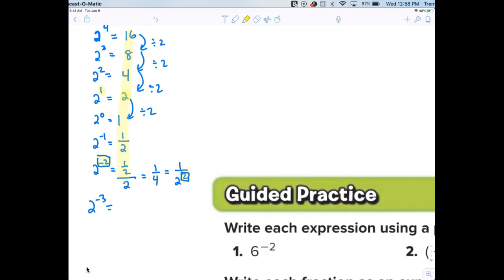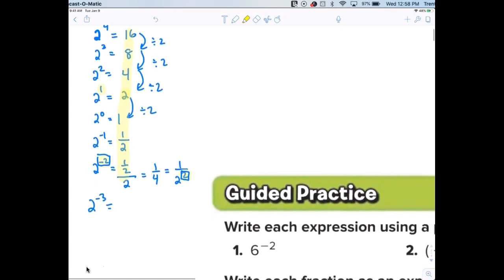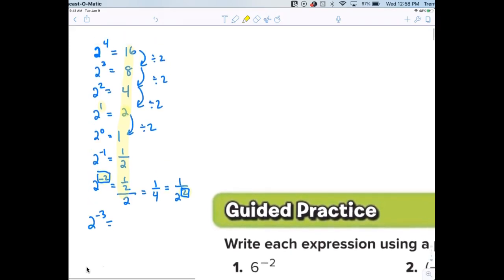This is what I'm doing as I'm going down. All right? Now we talked about this right here. 4, squared, cubed, 2, 1, 0, negative 1, negative 2. Now I'm at negative 3. We just said 2 to the negative 2 is the same as 1 over 2 squared. So using exponents, 2 to the negative 3 is the same as? 1 over 2 to the power 3.